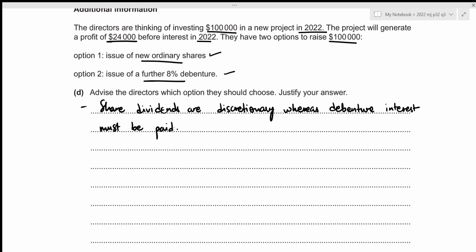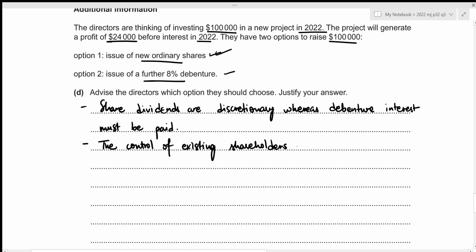Then next, we know that issuing new ordinary shares could mean that the existing shareholders may lose their control. Let's write it down. The control of existing shareholders may be diluted due to issue of new shares.